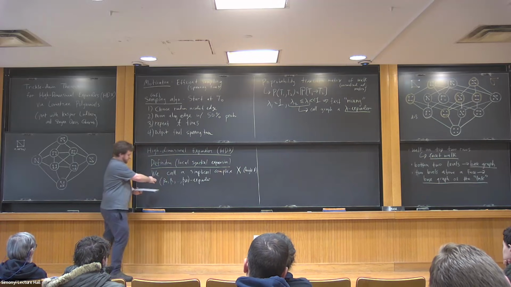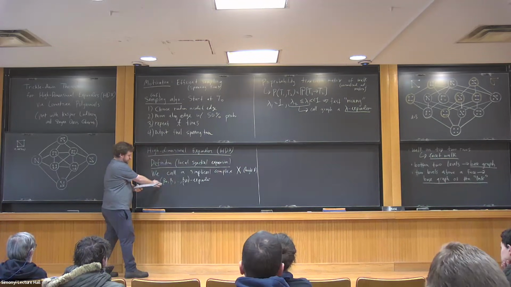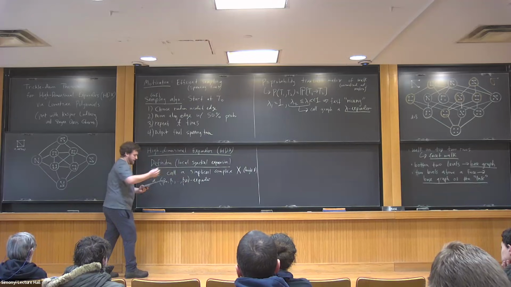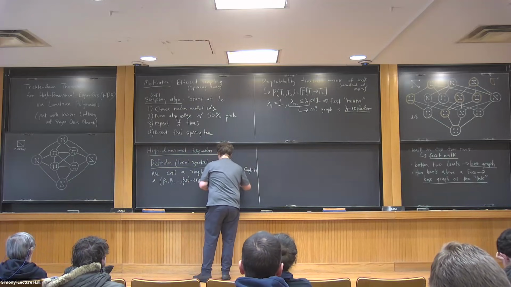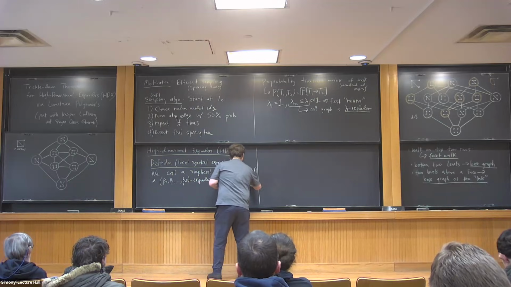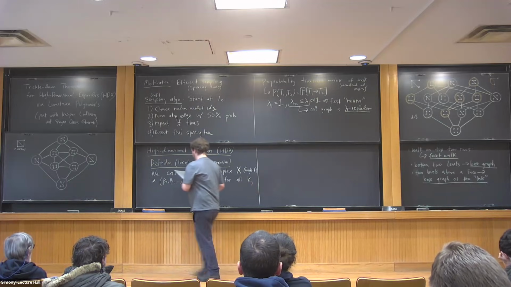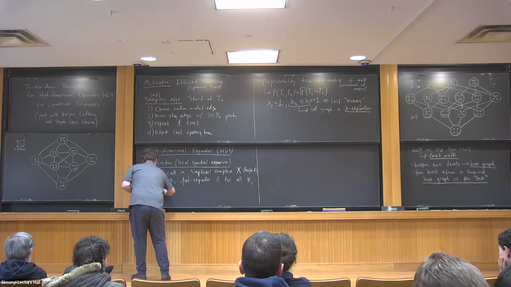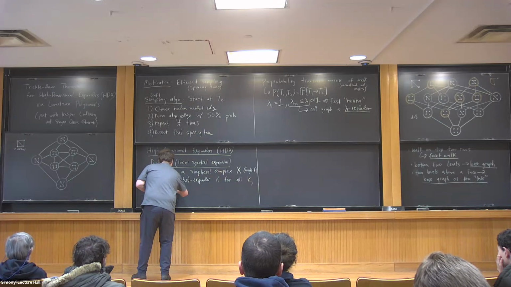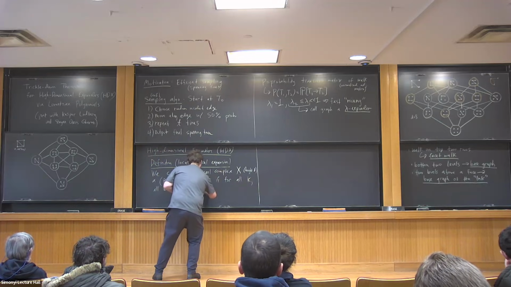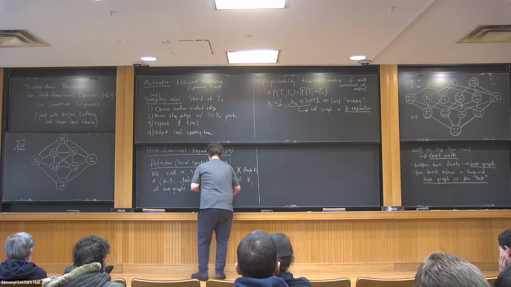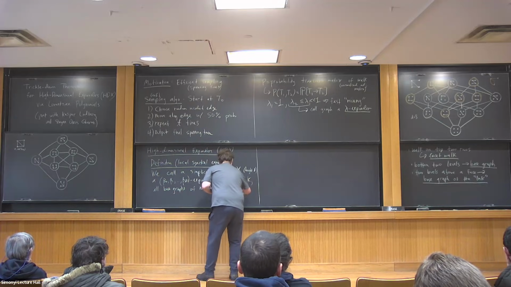an expander with these D minus 1 parameters, beta 0 through beta D minus 2, if for all k, all of the base graphs of height k are beta k expanders.